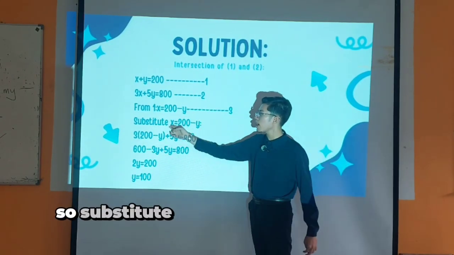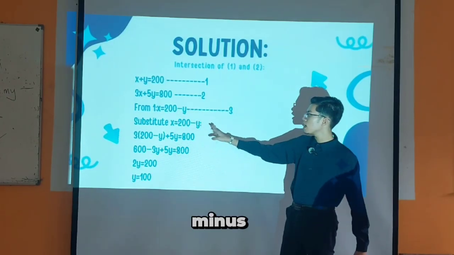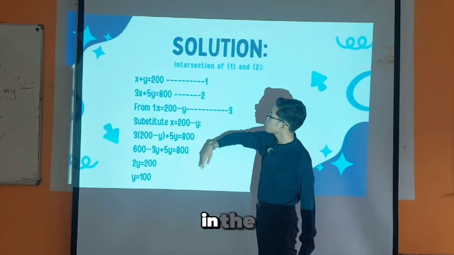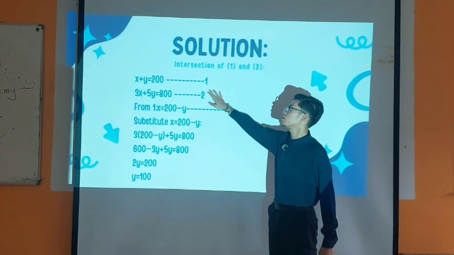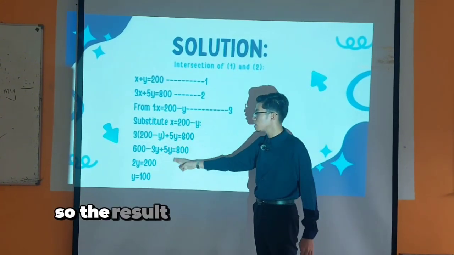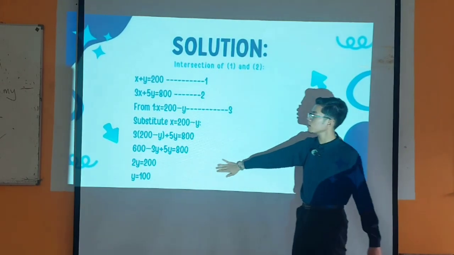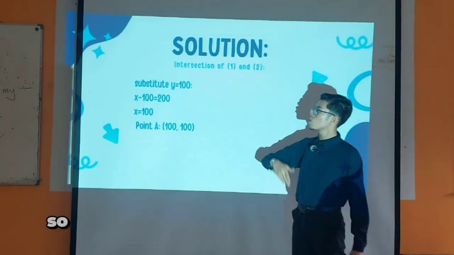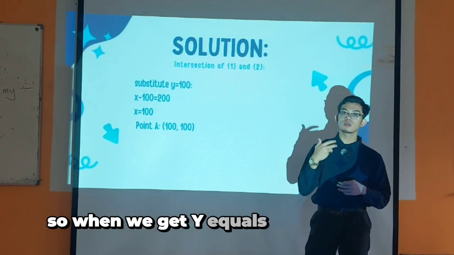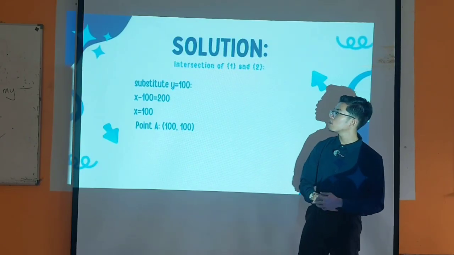Substitute x equals 200 minus y in the second equation, and the result is y equals 100. Next, when we get y equals 100, we need to find x.